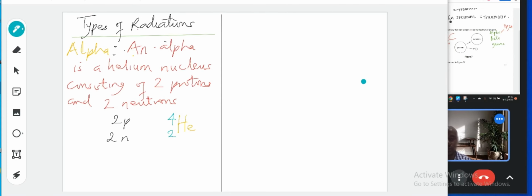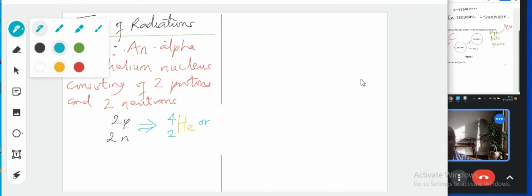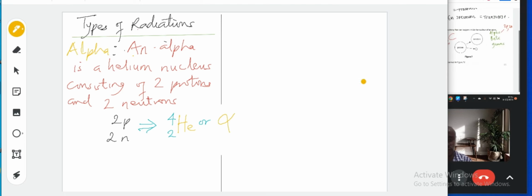So that's 4-2, helium nucleus. So you can represent an alpha particle like this, or you use the proper notation of an alpha, which is something like this.